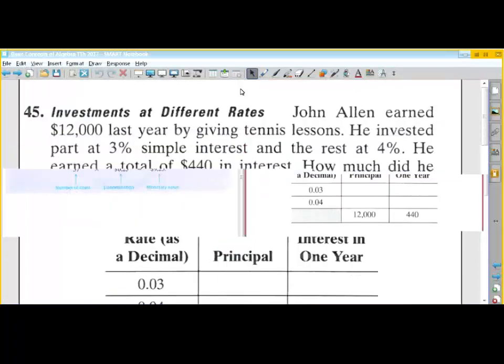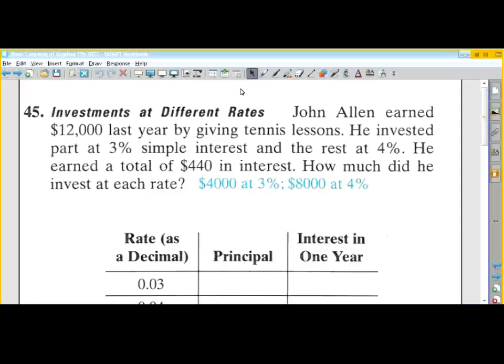So this is 45. John Allen earned $12,000 last year by giving tennis lessons. He invested part in 3% simple interest and the rest in 4% interest. He earned a total of $440 in interest. How much did he invest at each rate?